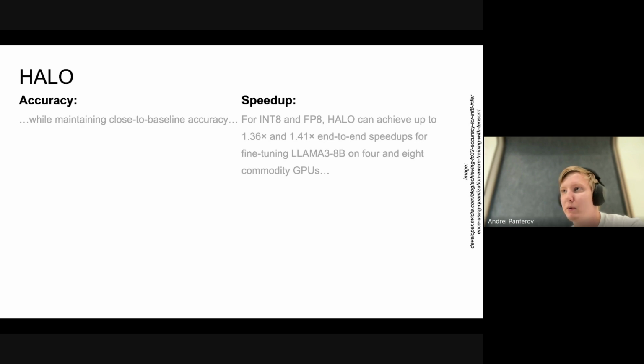They do have baseline comparisons, but they don't have a very fine-grained justification for why their speedups justify the drops in performance, because they mostly focused on the speedups themselves. In their paper, they provided actual kernels for INT8 and FP4 end-to-end training and demonstrated quite remarkable speedups of almost 40% for end-to-end Llama 3 fine-tuning.